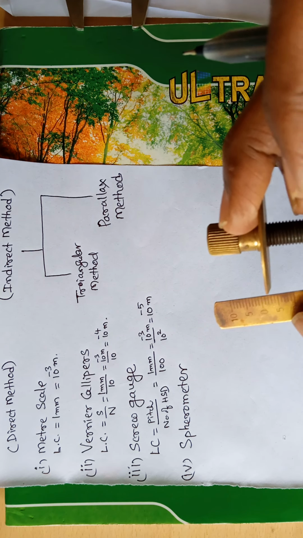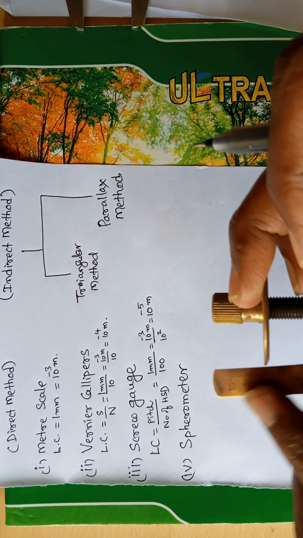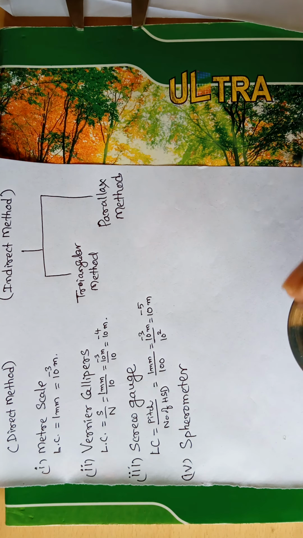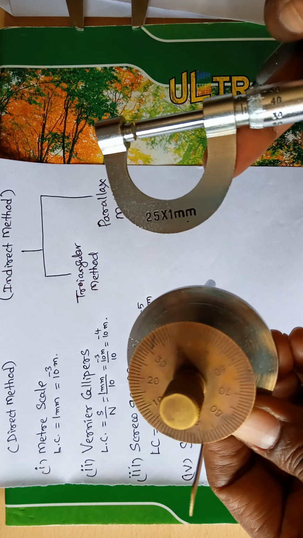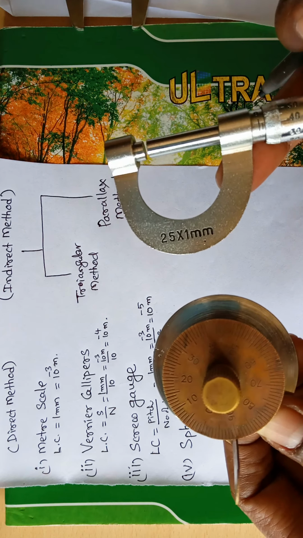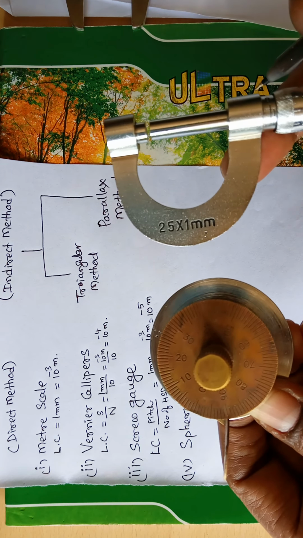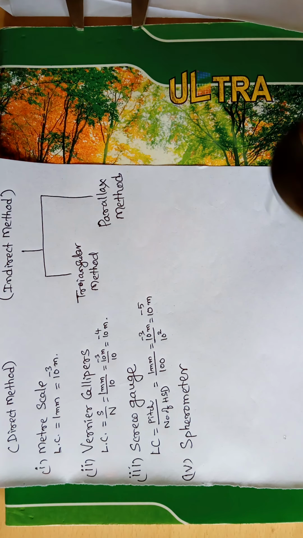On this you can see the readings. This is the pitch scale and this is the circular scale. Screw gauge and spherometer both work on the same principle, and therefore the formula to find least count is the same.